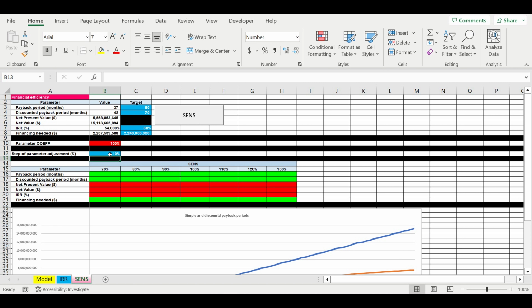So 7% will be the 100% value. Then we are adding 1.1, 1.2, 1.3, 0.9, 0.8, 0.7 coefficients to this rate, and seeing what will happen. Let's press the send button and see what will happen.